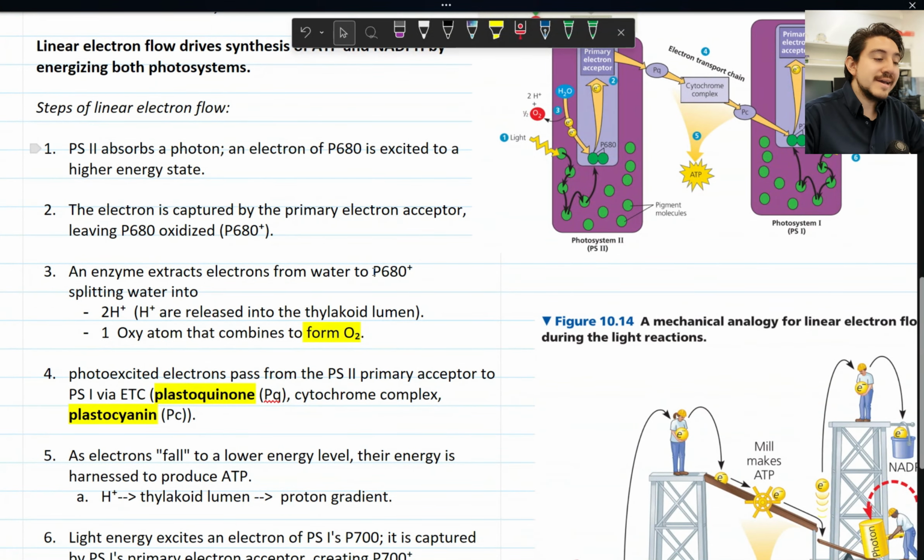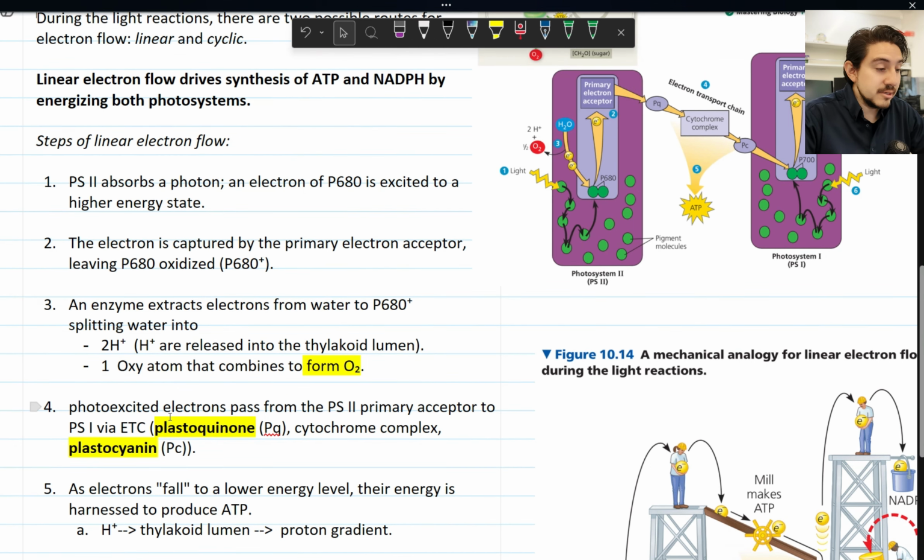So these photo-excited electrons will then pass from the primary electron acceptor to an electron transport chain. Okay, slightly different from cellular respiration. You have your initial complex here, which is called plastoquinone. And then you go through a series of cytochrome complexes as we pass the electrons down.